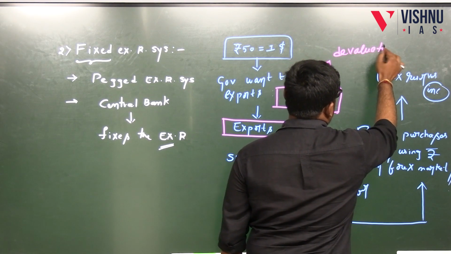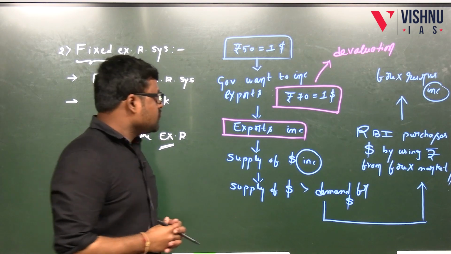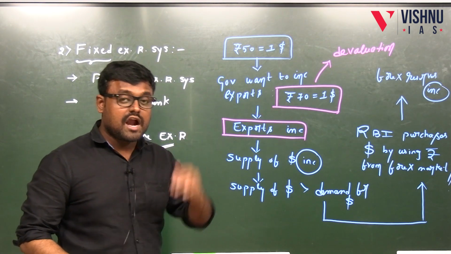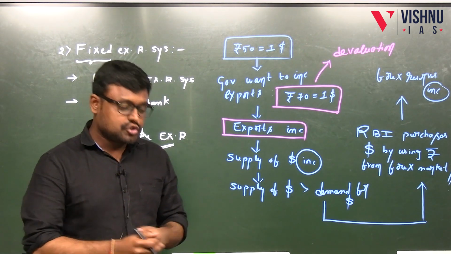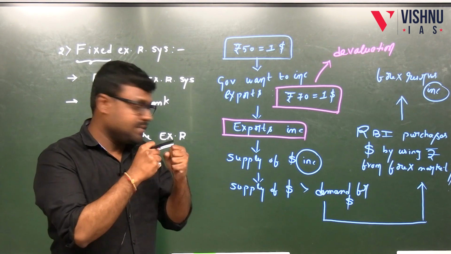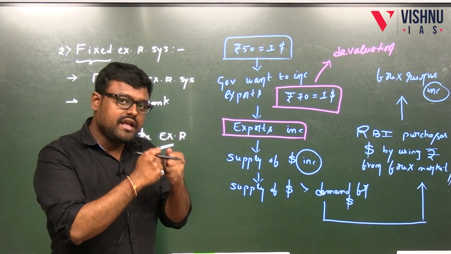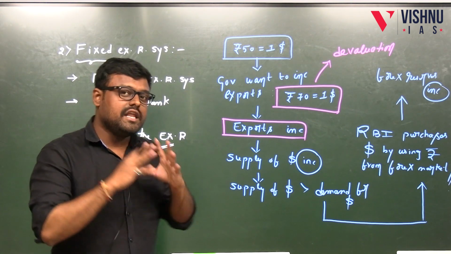This is called devaluation of the Indian rupee, the domestic currency. Here the value of the rupee with respect to the US dollar decreases and the value of the US dollar with respect to the rupee increases. So the government intentionally decreased the value of the Indian rupee with respect to the dollar. That is called devaluation.